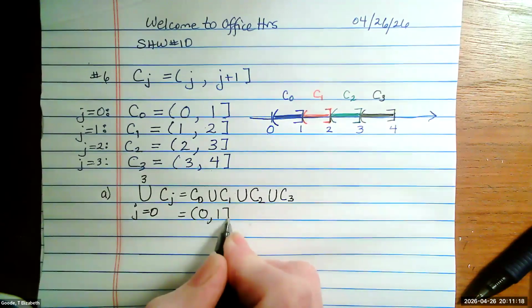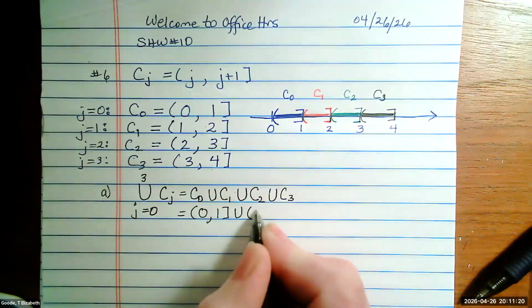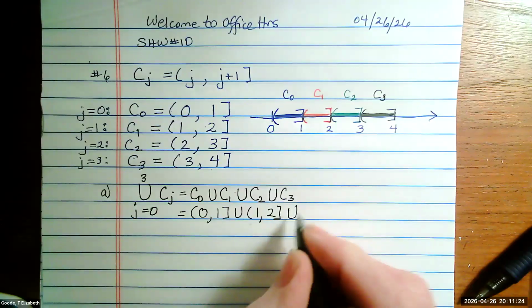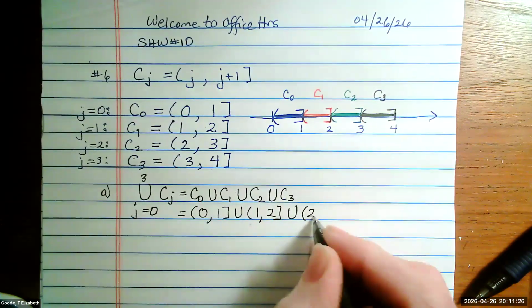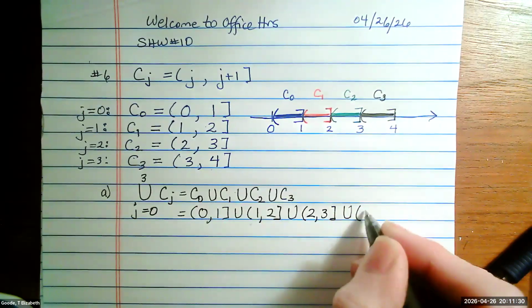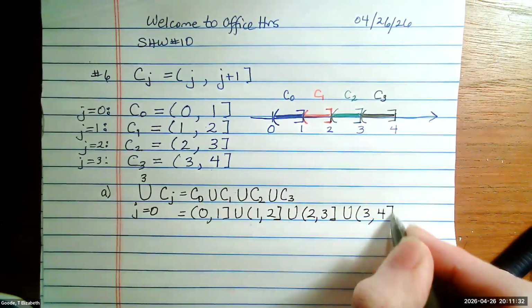So it means we want soft bracket 0 to 1 square bracket, union soft bracket 1 to 2 square bracket, union soft bracket 2 to 3 square bracket, union soft bracket 3 to 4 square bracket.